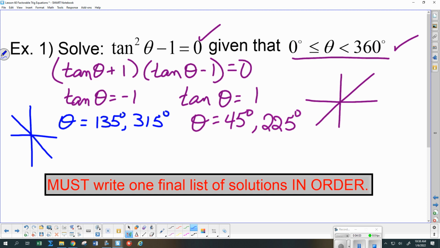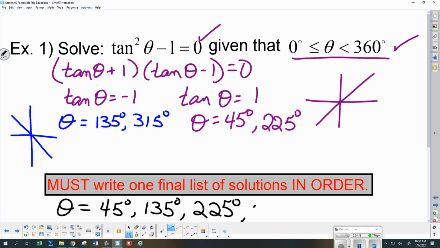And then we write one final list of our answers in order. So 45 degrees, 135 degrees, 225 degrees, and 315 degrees. Give me a thumbs up, thumbs down in between. Does that example make sense?